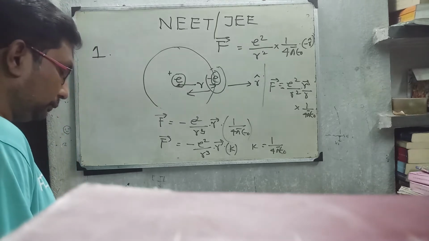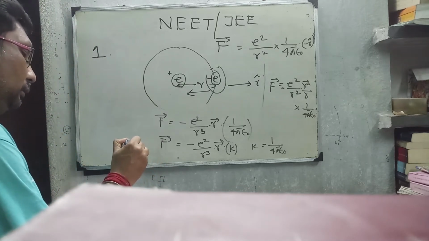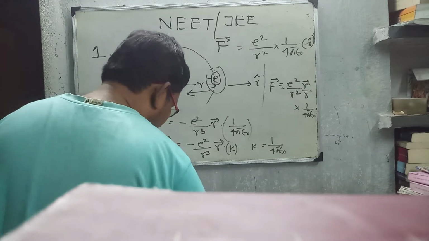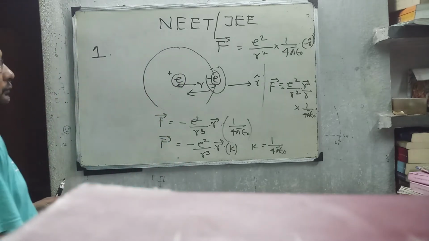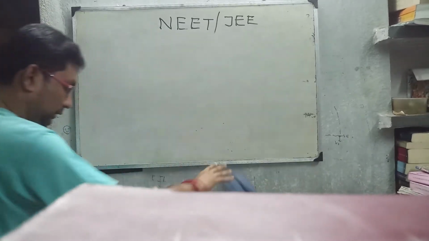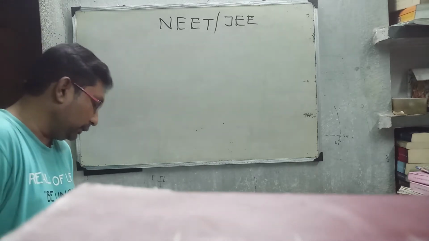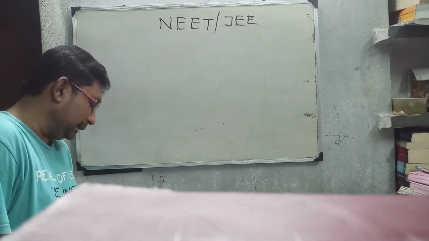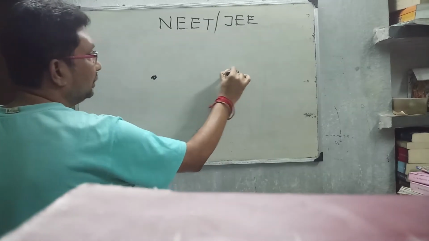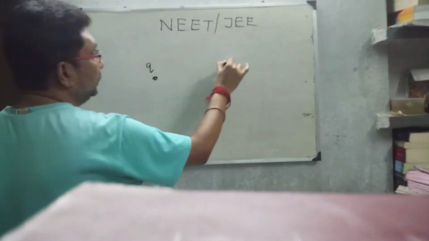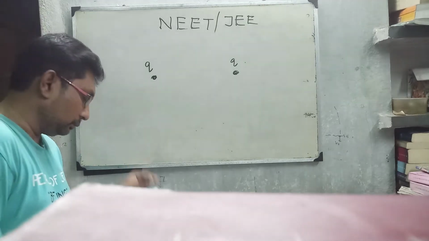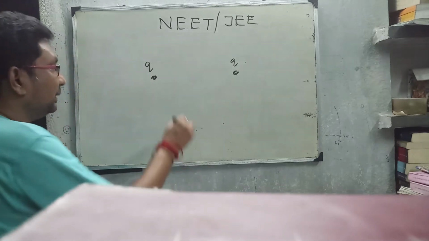Problem 2. Two positive ions, each carrying a charge of q, are separated by a distance d. Two positive ions means a number of electrons q removed from the atoms, separated by a distance d.